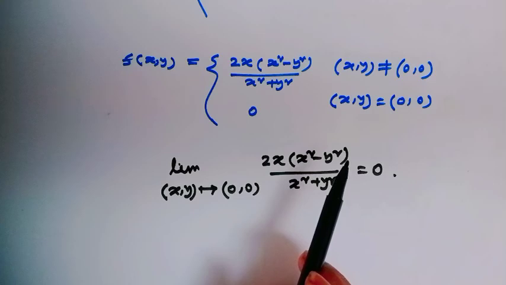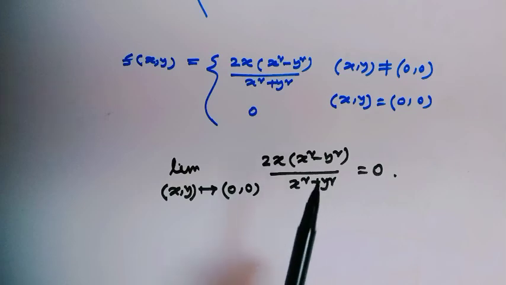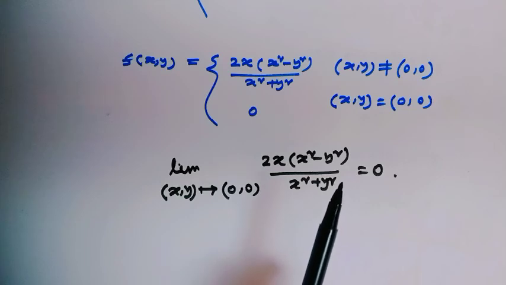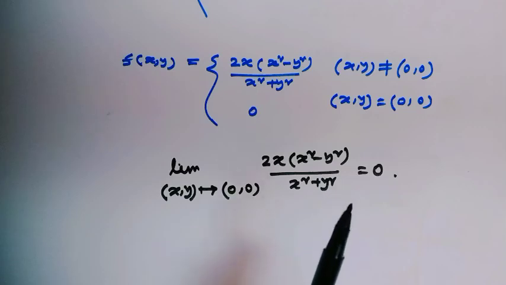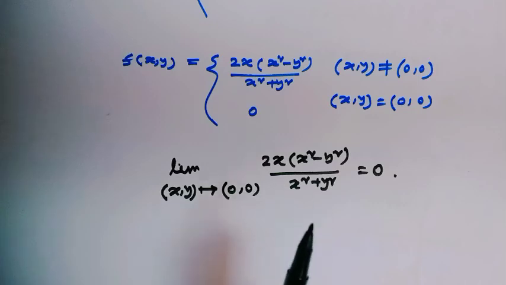If you see different paths, then you will see the value would always be equal to 0. Then you can check by the epsilon delta definition whether the limit equals 0 or not.